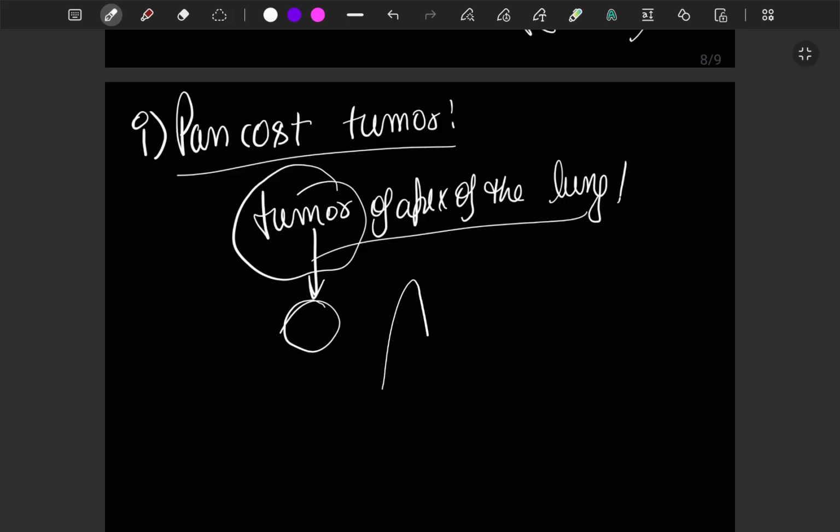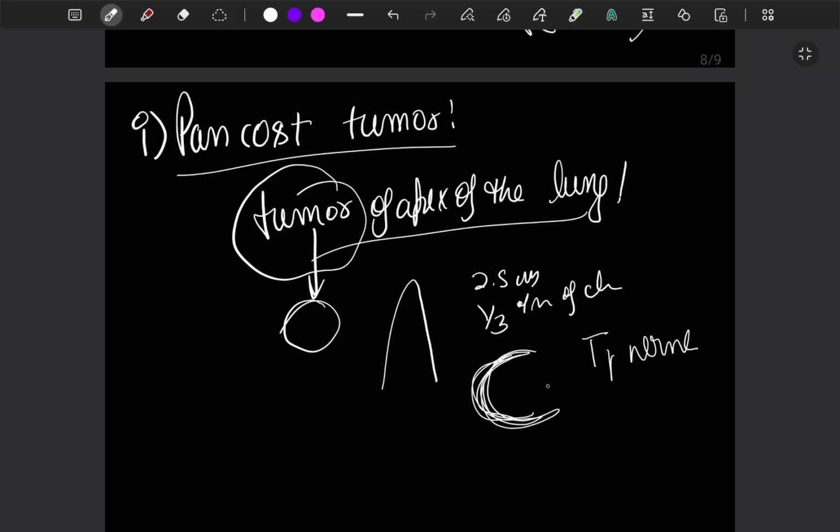So we know the apex of the lung is 2.5 centimeter above the medial 1/3 of the clavicle bone. So we know which structures pass the first rib, right? So first rib or the clavicle. So we know there is T1 nerve, and there is a recurrent laryngeal nerve, and then there is superior vena cava.